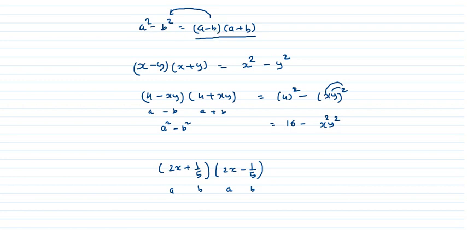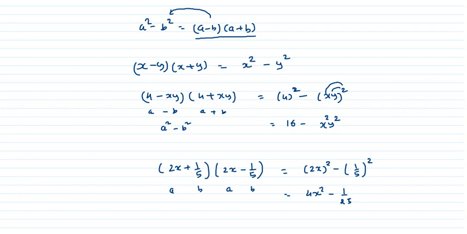What you can do is, first term square, that is 2x whole square, minus second term, that is 1 upon 5 whole square. Okay, if you see, 2x whole square means 4x square, minus 1 upon 5 square means 1 upon 25. See, this is the sum. Very easy.